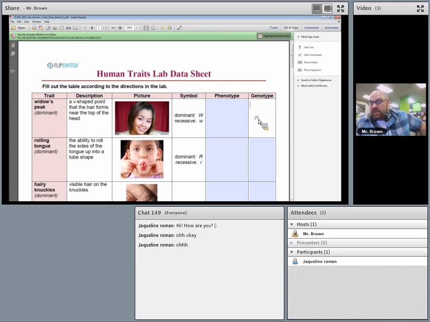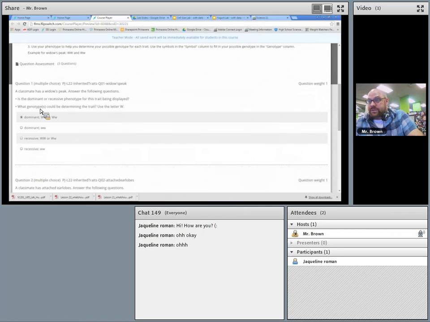For the genotype, you can either be homozygous dominant, so that means you have two dominant alleles, or heterozygous, meaning you have one dominant gene and one recessive. Either one will get you a widow's peak. You just need one dominant gene to get you the widow's peak. So dominant, you have either two dominant or one dominant, one recessive.